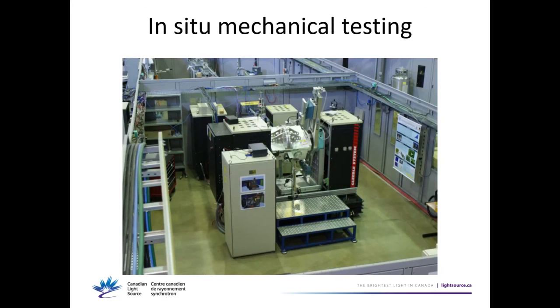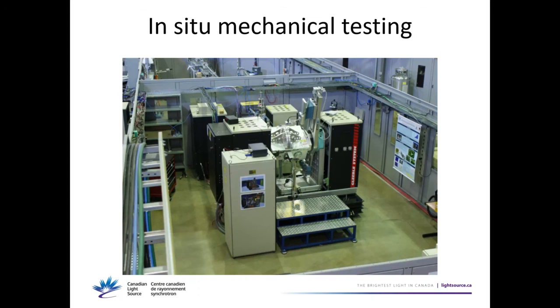Now onto mechanical testing. So there's a lot of interest in in-situ testing, and for alloys, steels, well, we wouldn't have bridges probably if we don't know a little bit about steels and alloys. So, and there is a large variety of in-situ mechanical rigs. This is one of the biggest ones.